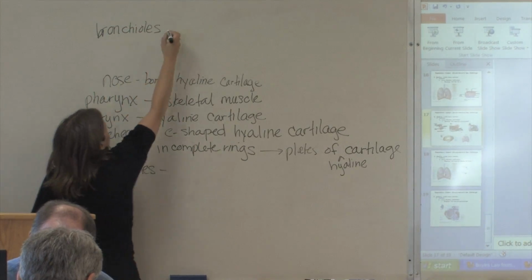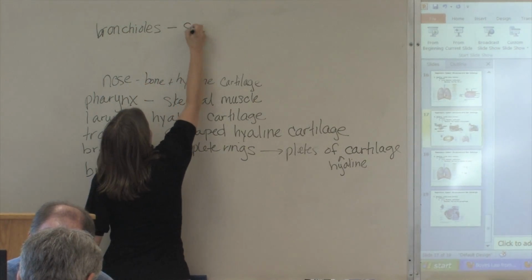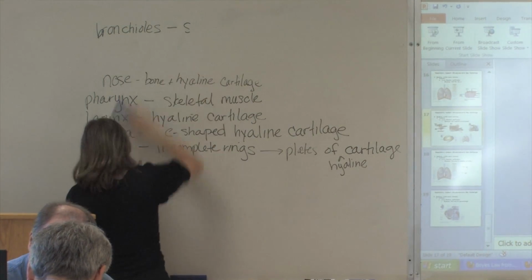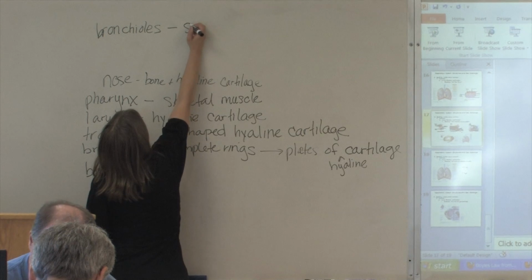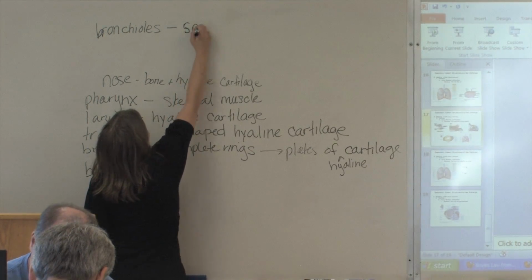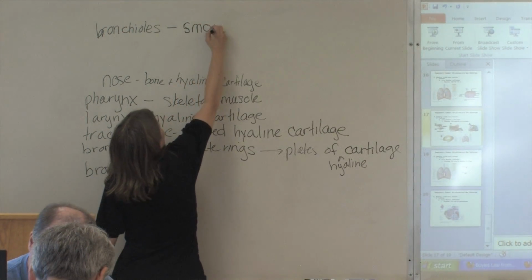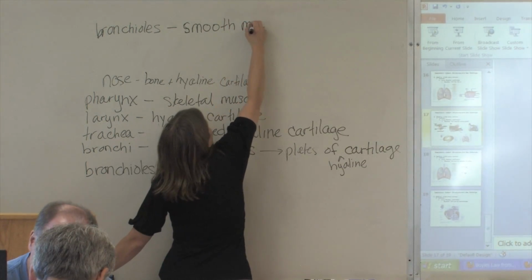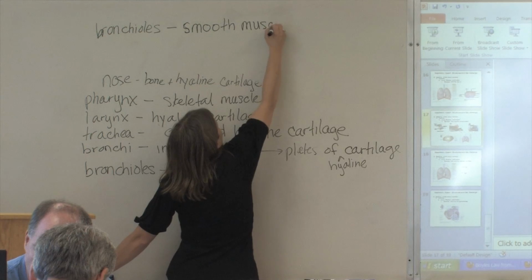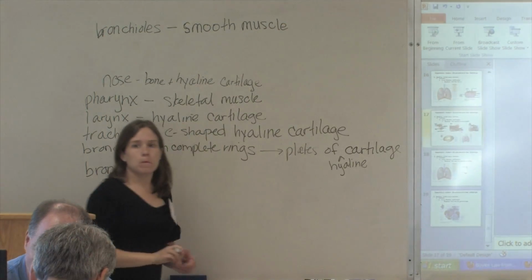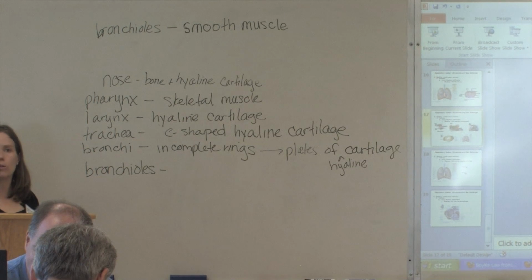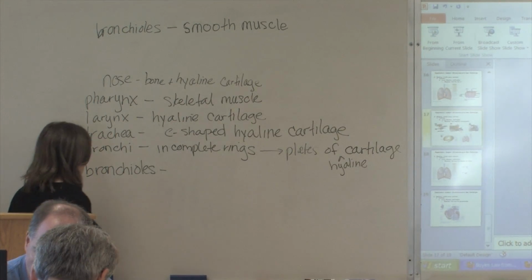The bronchioles do not have cartilage, instead they have smooth muscle in the walls. Okay. So the bronchioles do not have any cartilage anymore.